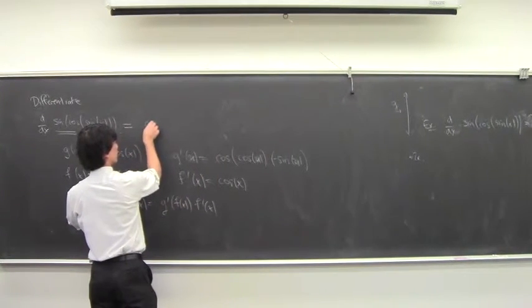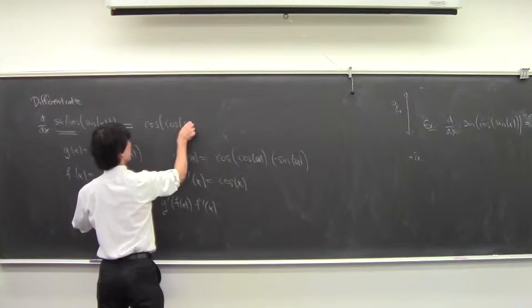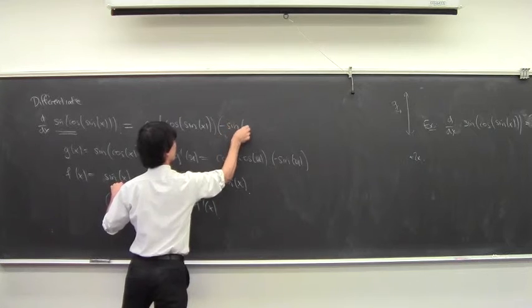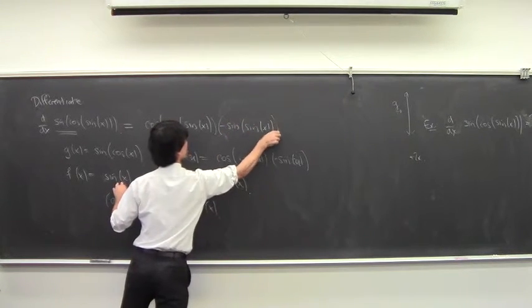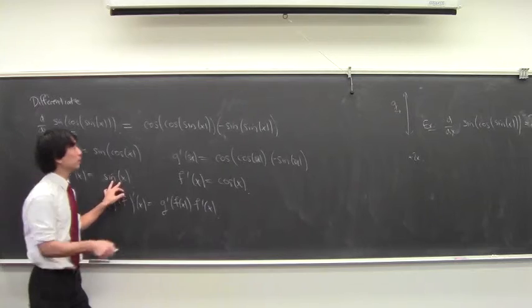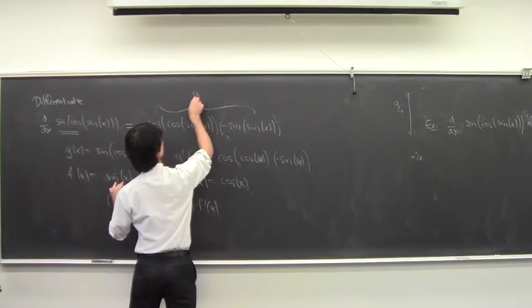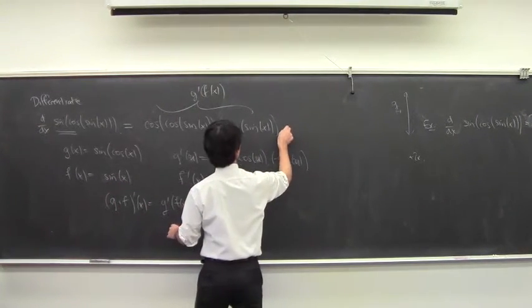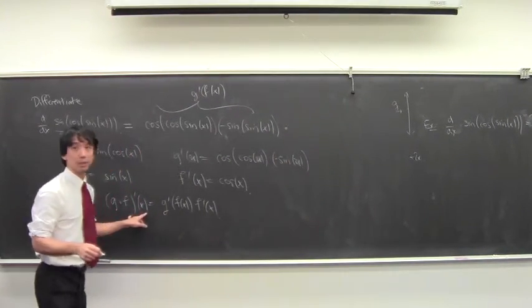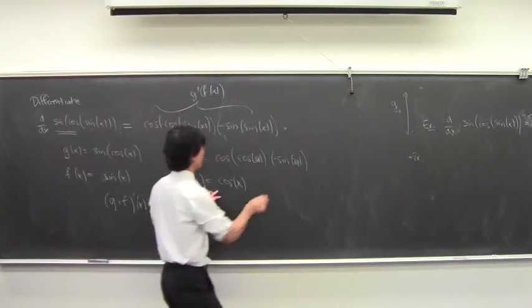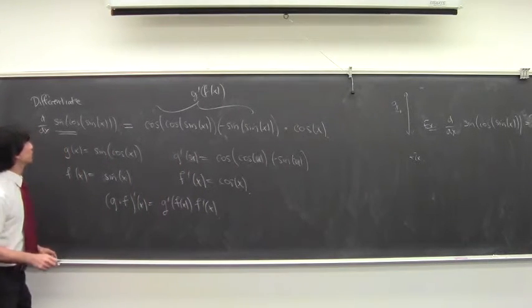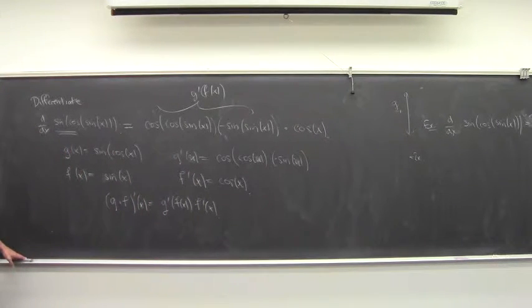Well, that's going to be cosine of sine of x times negative sine of sine of x. So that part is your g prime at f of x. And then you want to multiply times f prime of x. Oh, f prime of x is just the cosine. So that'll do.